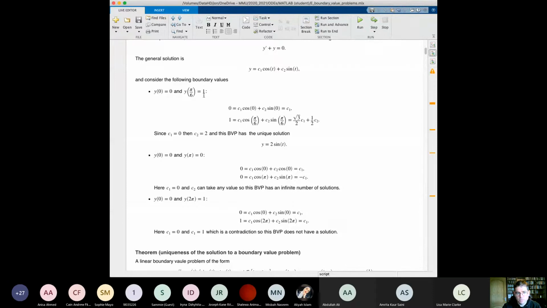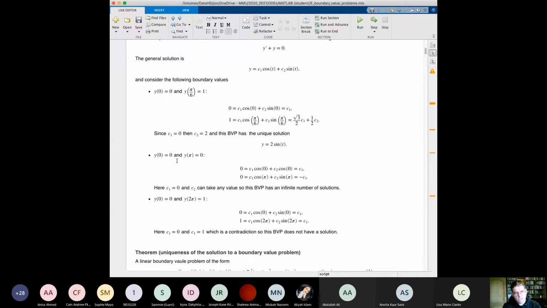Do the same for the upper bound: the solution is 1, and t is pi over 6. Cos pi over 6 is root 3 over 2, sine pi over 6 is a half. Because c1 must be 0, the first term is just 0. So we have 1 equals a half c2, therefore c2 must be equal to 2. Plugging c1 and c2 back in, we have one unique solution, 2 multiplied by sine t. That is a case where we have a single unique solution.